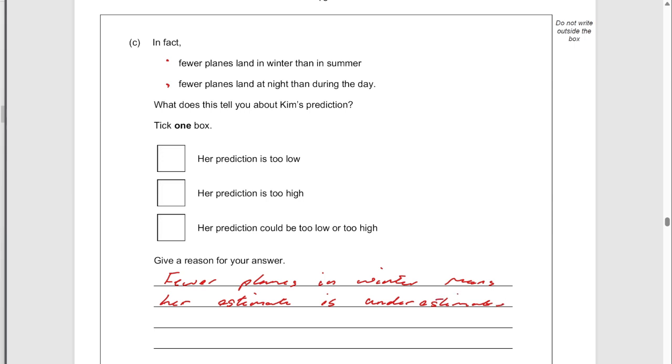The second part though, fewer planes land at night than during the day. So fewer planes at night. She did hers during the day, so that would mean that her estimate is an overestimate.